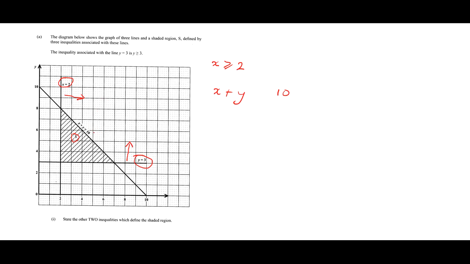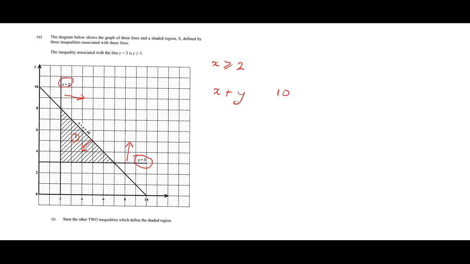Now for this line, x plus y is equal to 10, the inequality can be x plus y is greater than or equal to 10, or less than or equal to 10. So how do we determine this? Now the line x plus y equals 10, the shaded region lies on this side. So if I were to take a test point, when I say a test point, I mean any point within the shaded region, so we have, let's say, 4, 4, this point here.